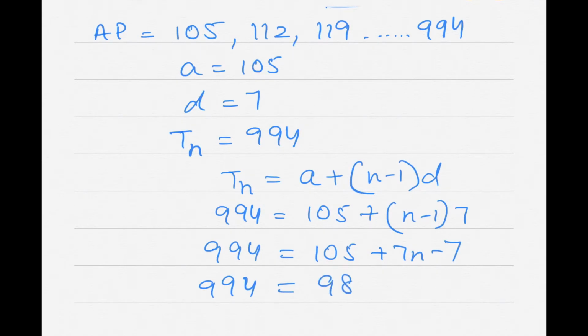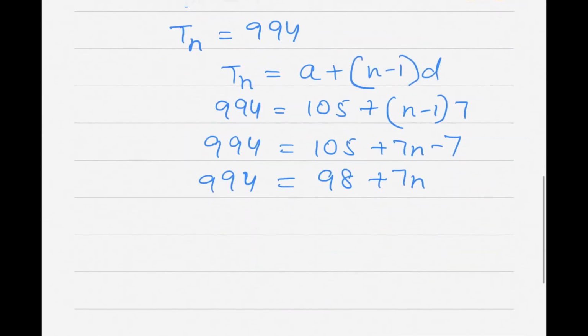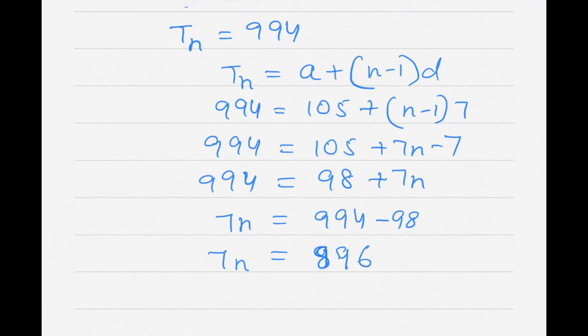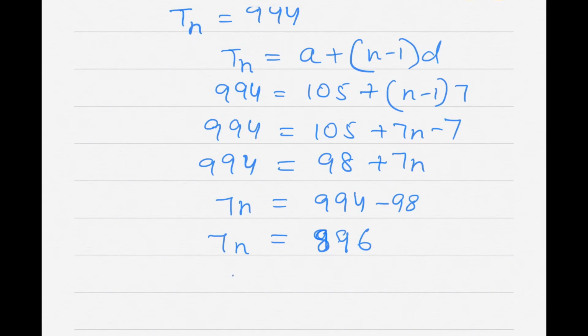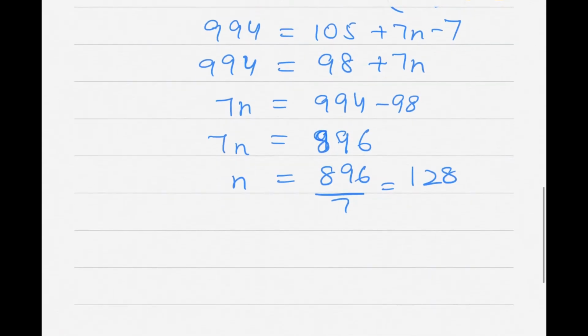So 105 minus 7 gives me 98, plus 7n. So 7n is equal to 994 minus 98, which is 896. Now n is equal to 896 by 7, which gives 128.